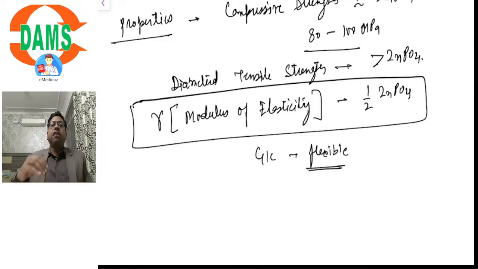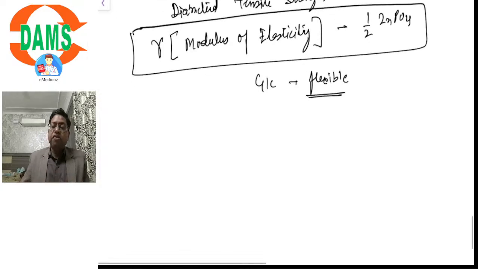If we have to look for the cement with the highest modulus of elasticity, then it is a resin cement or a liquid composite cement. So you have to understand the property of modulus of elasticity. This is how the questions would be coming in your examinations.